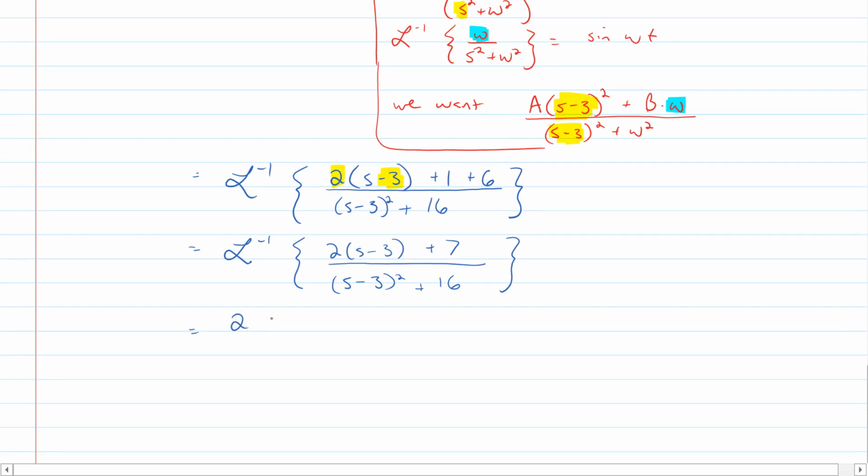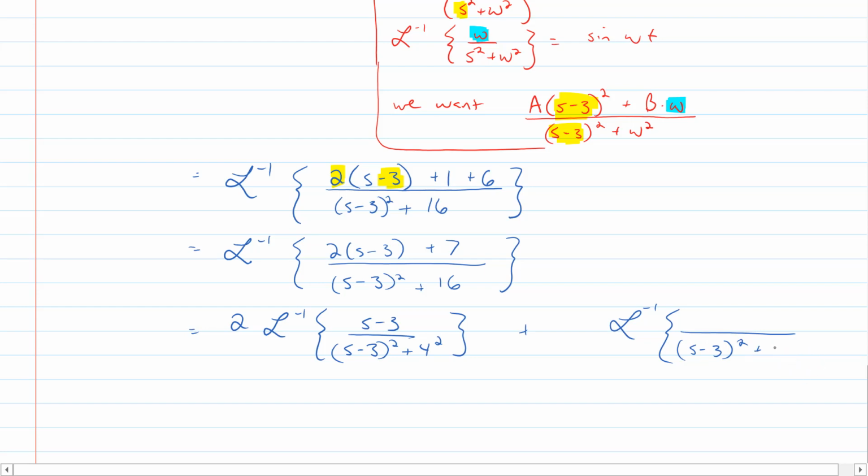We're going to get 2 times the inverse Laplace transform of s minus 3 over s minus 3 squared plus 4 squared, or you could leave that as 16 if you wanted to, plus the inverse Laplace transform of something over s minus 3 squared plus 4 squared.